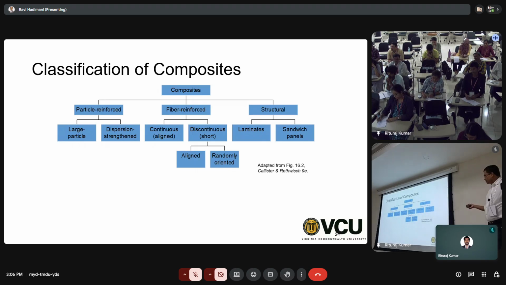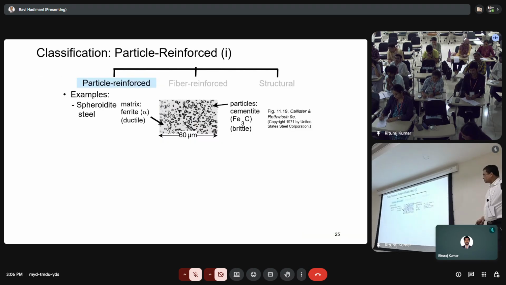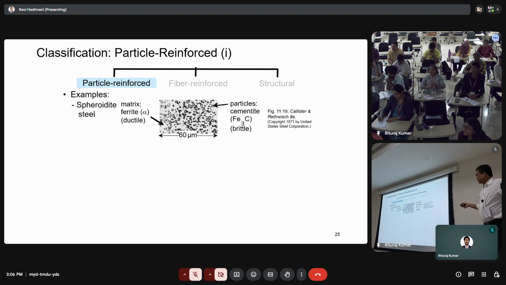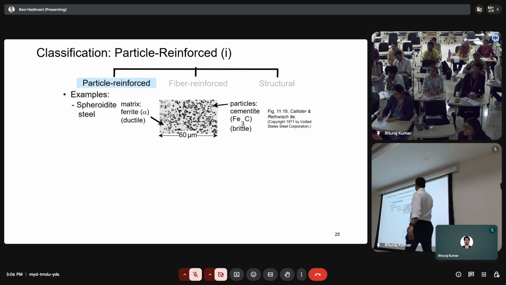And then in structural, you have laminates. We talked about that. The most common particle reinforced composite is cement or concrete. Here is another one, cementite.